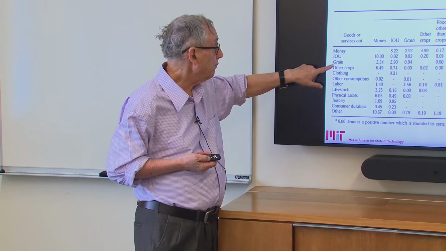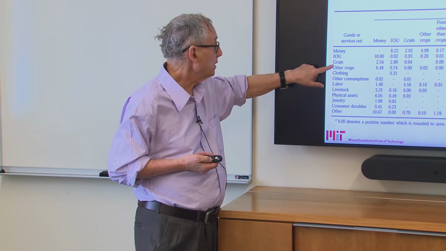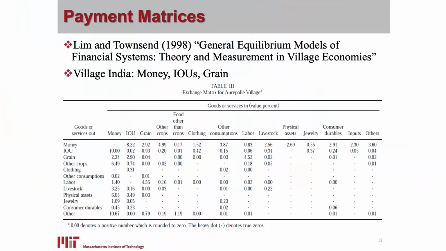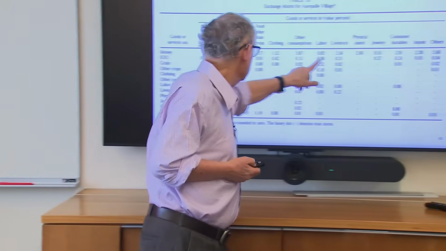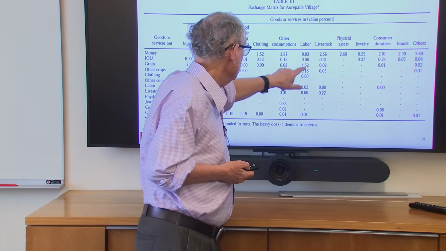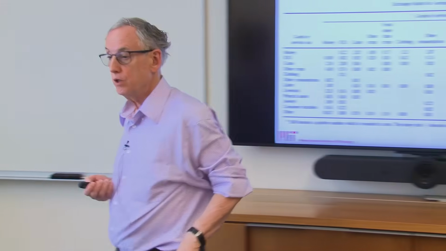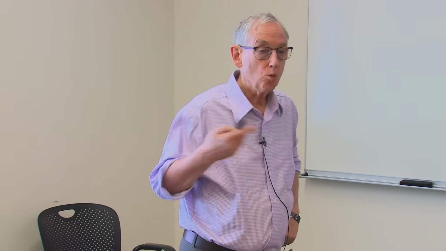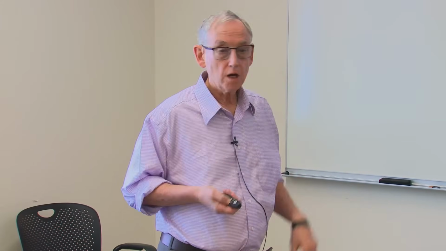Grain, okay, so now we get to something more interesting. Grain can be used to pay labor. This, of all these row column items, is a fairly large number. So in these villages in India, people work for compensation.